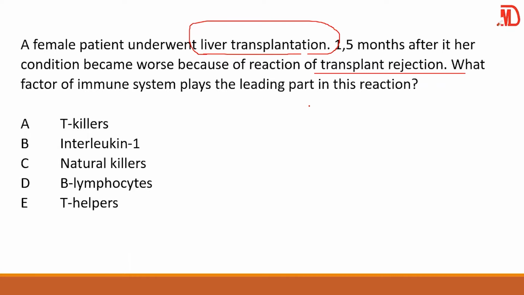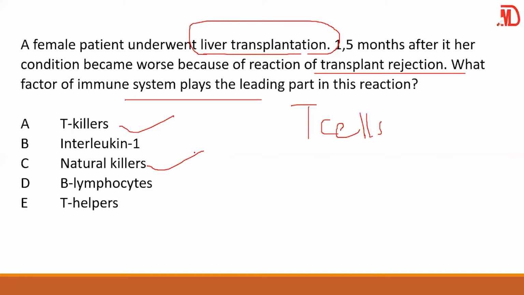What immune system plays a role? Again, you are looking at the T cells. But now we are having T killers, natural killers, and so on and so forth. So actually, they all mean the same. I don't know why they brought the two of them to be present. Over here we're looking at the T killer cells or the natural killer cells.